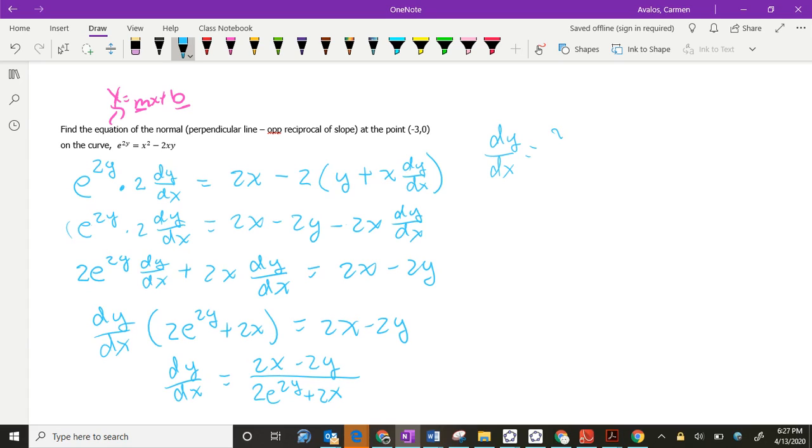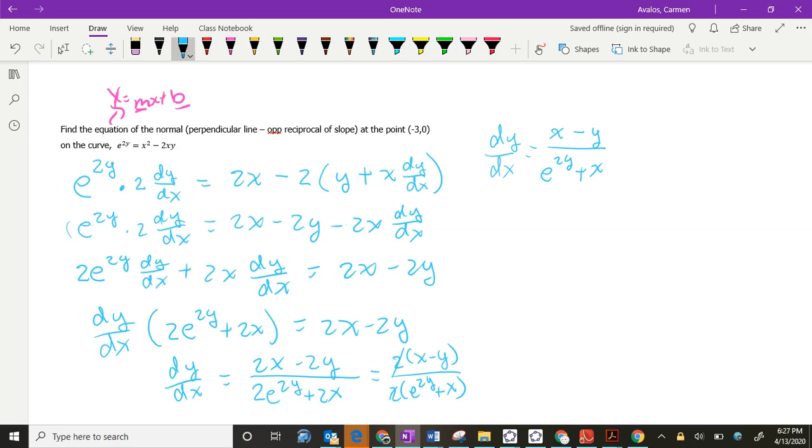So I am going to just say x minus y over e to the 2y plus x, because we could factor out a 2 from there and factor out a 2. So this is actually 2(x minus y) all over 2(e to the 2y plus x), and so that 2 cancels out, and that's where we get there.